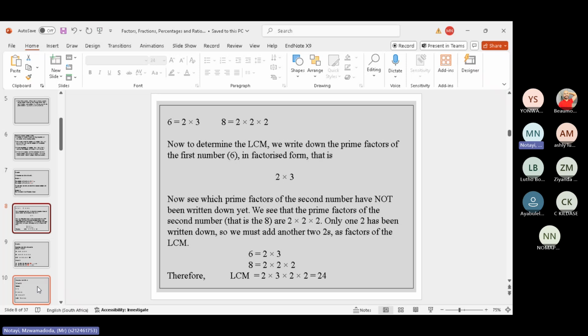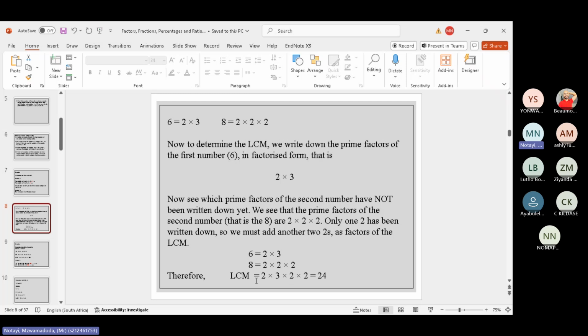To write the LCM: 6 is equal to 2 times 3, and 8 is equal to 2 times 2 times 2. We first take 2 times 3, and then because 1 of the 3 twos of 8 has already been written, we will take only 2 times 2.